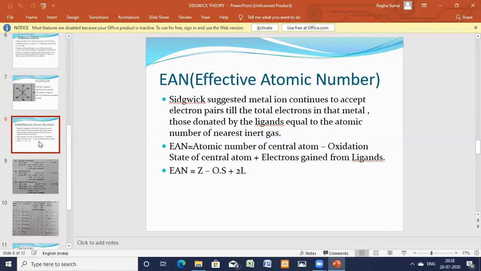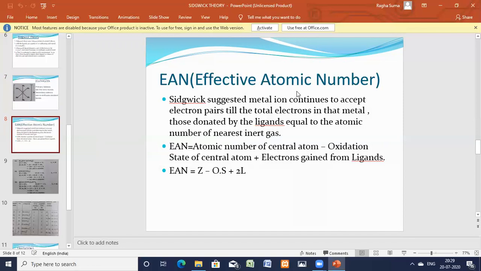Effective atomic number. Once again, I'm giving you a very clear definition for this. Effective atomic number is the sum of the electrons of the central metal atom and the electrons donated by the ligand to the central metal atom.